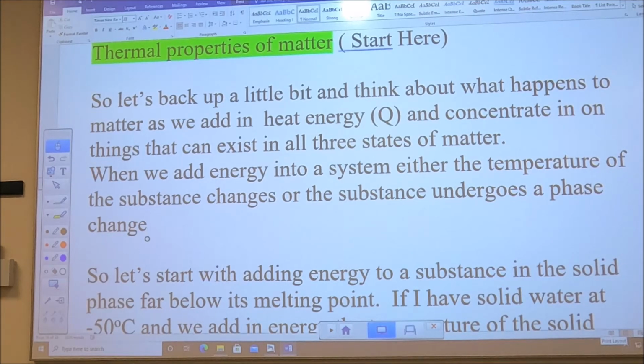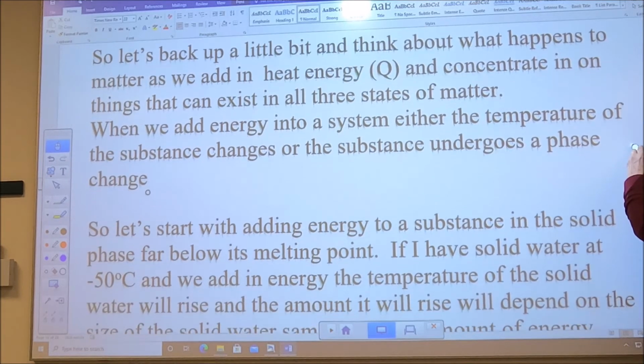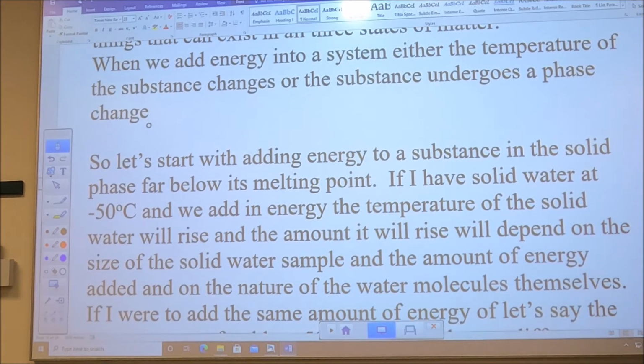So when we add energy into a system, and it's not a gas, either the temperature of the substance changes or the substance undergoes a phase change. So let's run through adding energy to water, starting out with solid water at minus 50 degrees C.